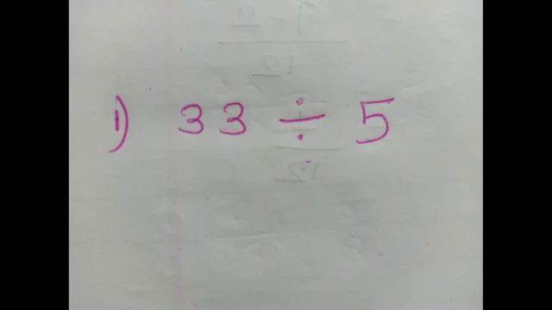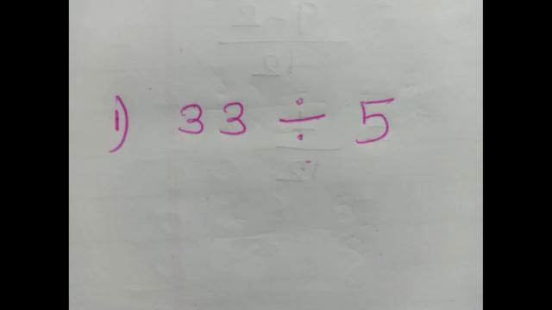Now students, to solve this question you have to keep in mind, look at the dividend. Dividend is 33 and divisor is 5. So 5 tens is 50. Okay. Now students, 5 tens is 50. So 33 is less than 50.